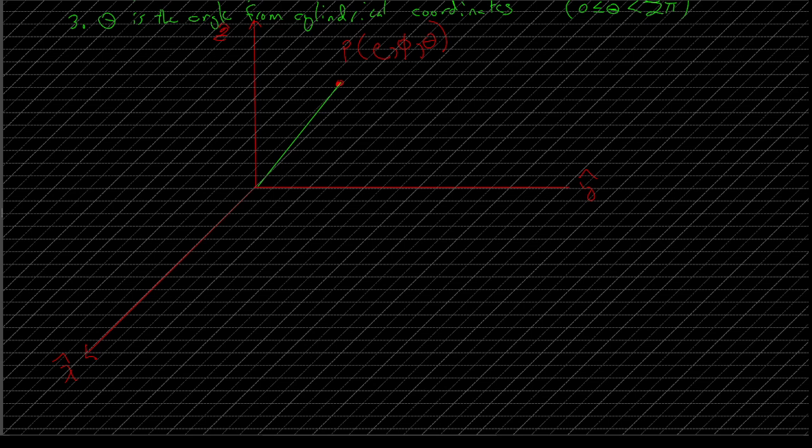And let's drop down some lines here to talk about where we come onto the plane here. We'll make some related triangle relationships here between the different coordinate systems.